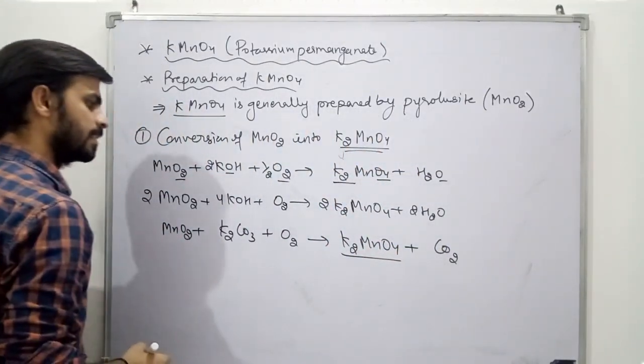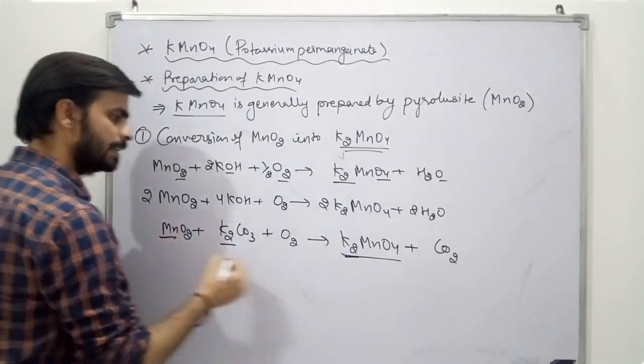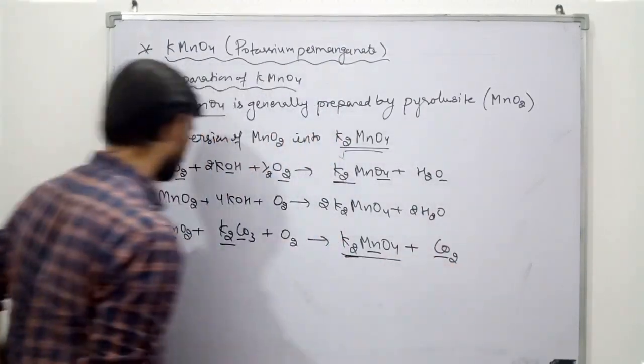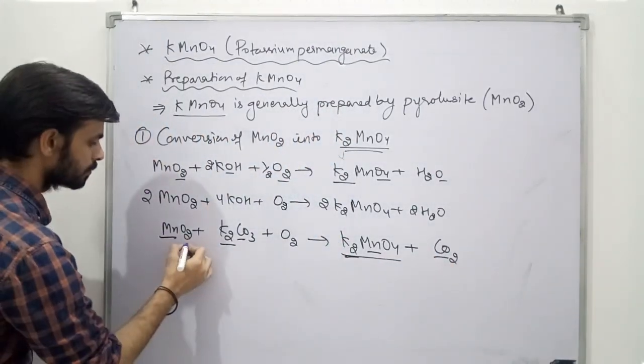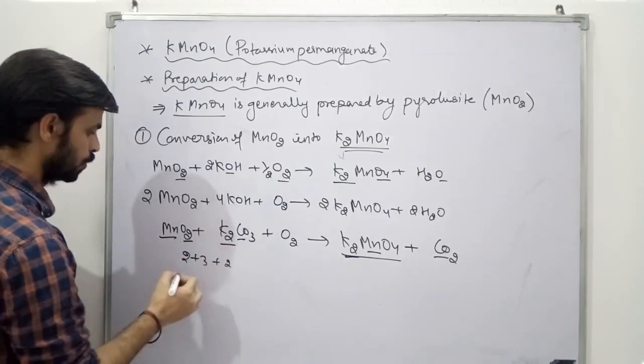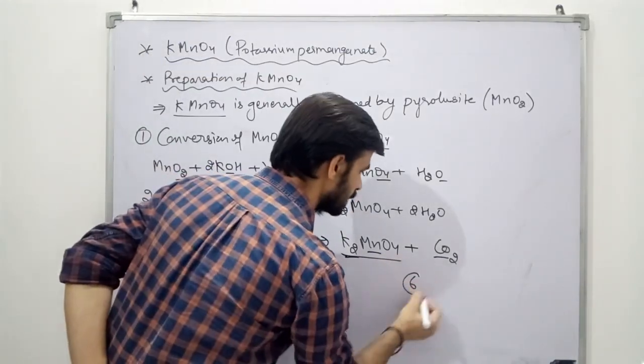Now we have to balance the equation. We have 2 potassium, 1 manganese, 1 carbon, 1 carbon. Now again balance the oxygen: 2 plus 3 plus 2, that is 7. Now we have 6.